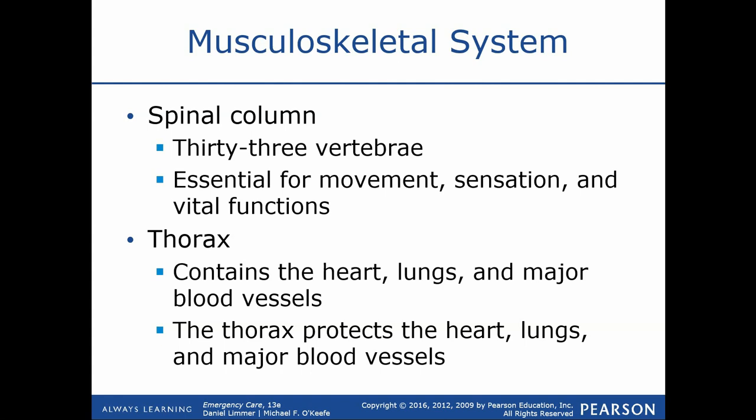The spinal cord itself does not travel the entire length of the spinal column. We'll talk more about that when we get to the back and spine trauma chapters, but it's important to understand that just because we're referring to, let's say, a broken back or a fractured vertebrae, that does not necessarily mean that there's any damage to the cord itself, which is where we would get some of the pretty life-threatening neurologic issues.